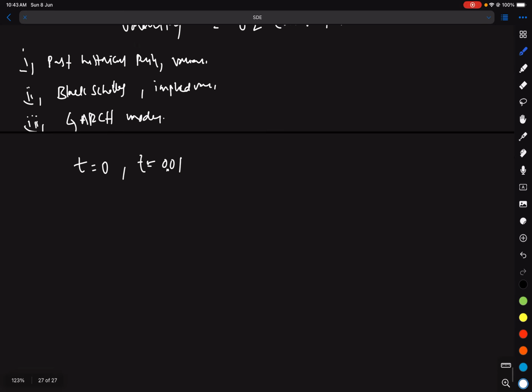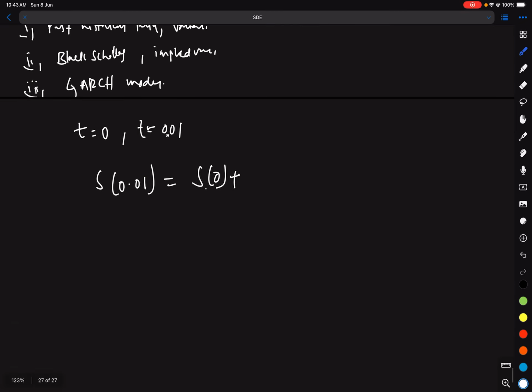My stock price at 0.01 is equal to the stock price at 0 plus mu dt, which is deterministic, plus the standard deviation, volatility, stock price. This is the Brownian motion.